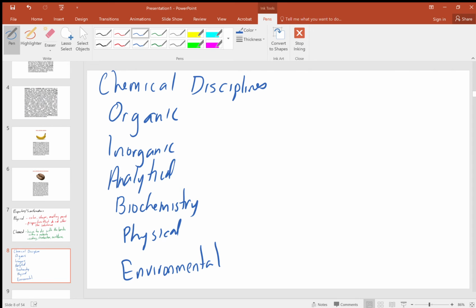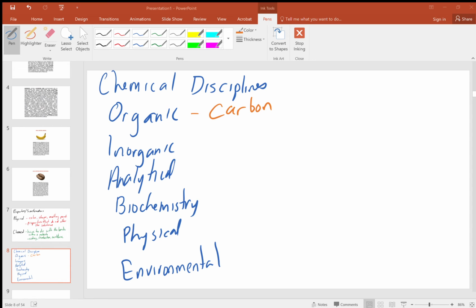Well, organic chemistry, for example, this focuses on carbon. Why carbon? So why do we have an entire field that studies what goes on with one element? Well, all of our life form is carbon-based.